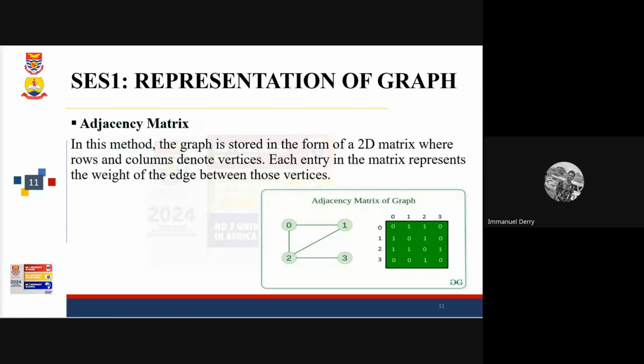So in this representation, the graph is stored in the form of a 2D matrix where we have rows and columns which are used to represent the vertices. And then each entry in the matrix represents the weight of the edge between those vertices.